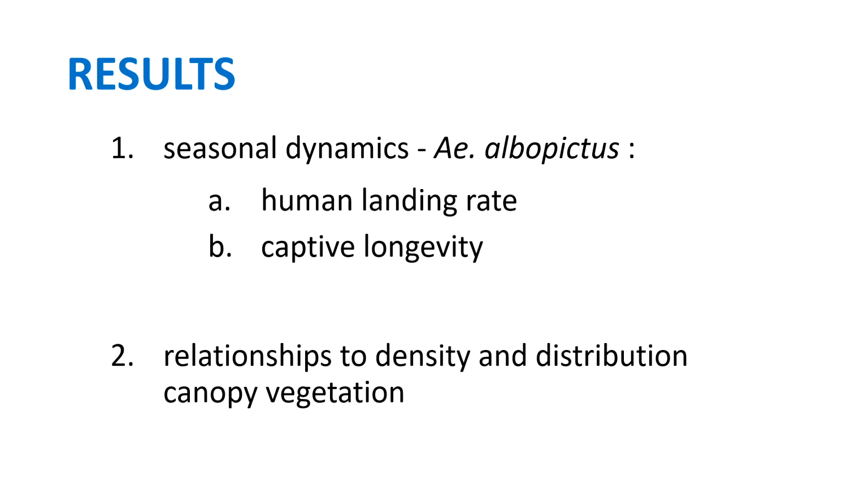So I'm just going to present results first on the temporal dynamics of human landing rate and captive longevity, and how that relates to the season, and then talk a little bit about spatial relationships in association to the environment, canopy density and distribution.